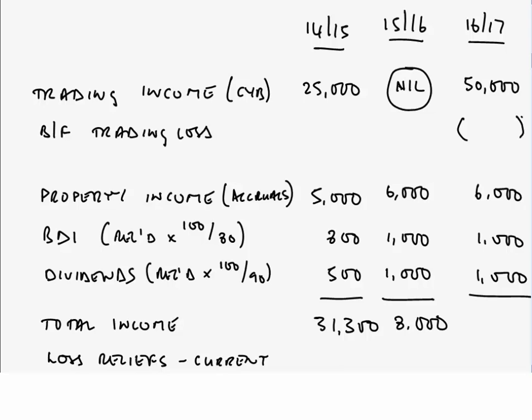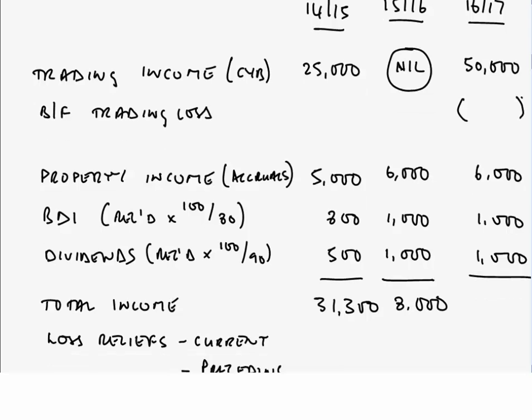Now again, we may simply have to copy down, or they may test us in terms of the bases of assessment. The property income is assessed on an accruals basis, interest is on a received basis, dividends are on a received basis, and dividends must always be grossed at 100/90. Bank deposit or building society interest, the two major examples of interest received net, had to be grossed at 100/80.